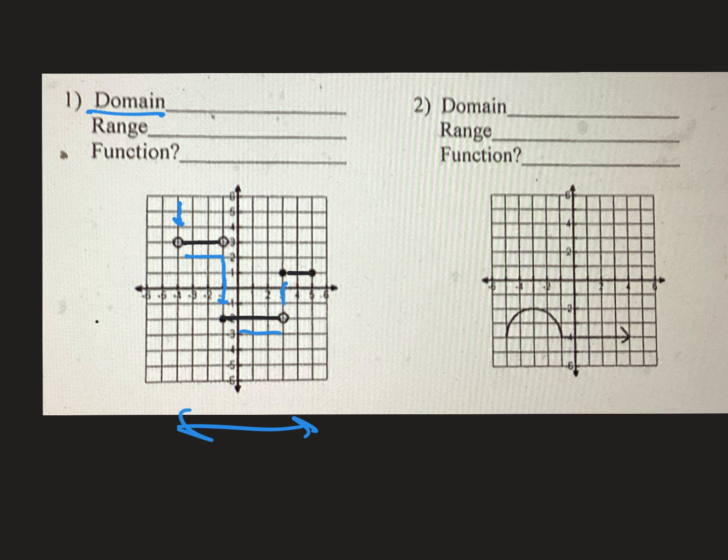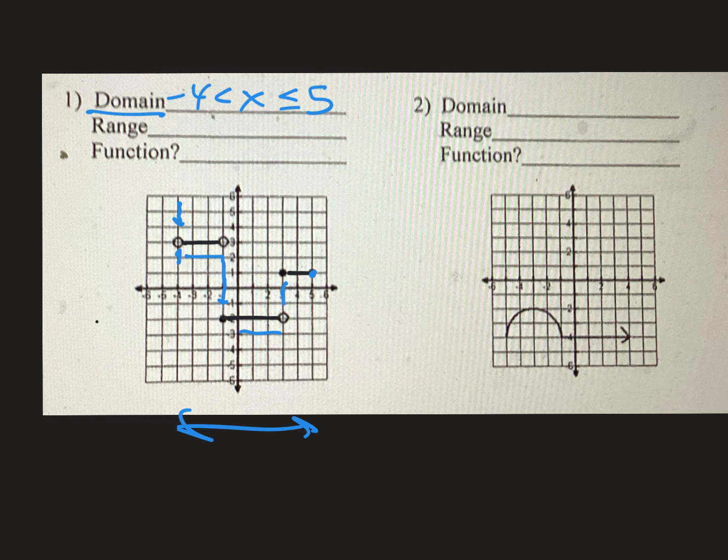So I'm going to say x is greater than -4. Then it goes all the way to +5, and it actually includes the +5, so it's between -4 and 5. Notice the 5 has an equal to sign because that dot is filled in. The point at -4 was not filled in, so it doesn't include that.